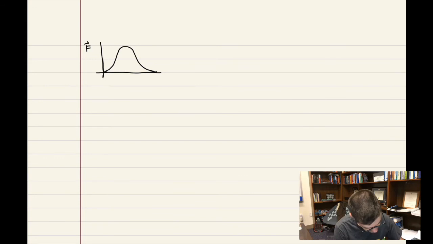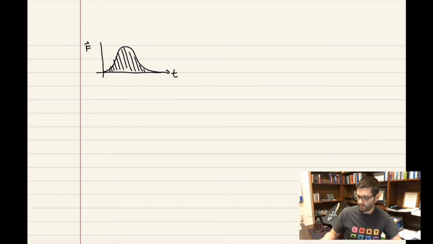Let me make one simplification and then do two examples. Remember how we talked about a ball bouncing off a wall, bouncing off a table, my hands smacking you across the face. There is some force as a function of time that could describe that collision.